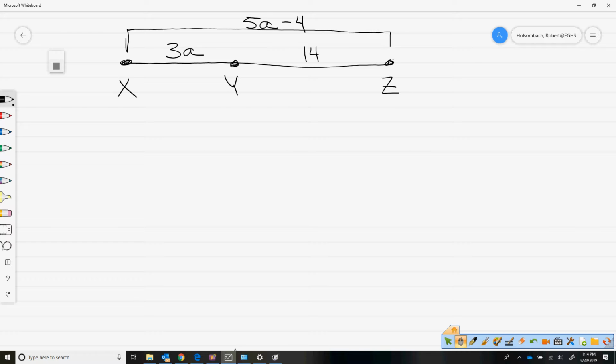We need to find a, x to y, and x to z. So you're going to have to set up an equation, and you're going to have to solve for a variable and then substitute. That's how this works.